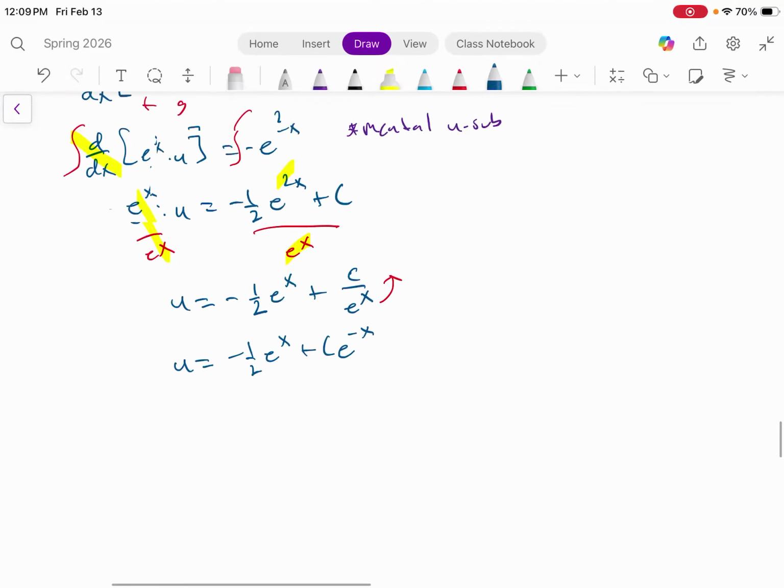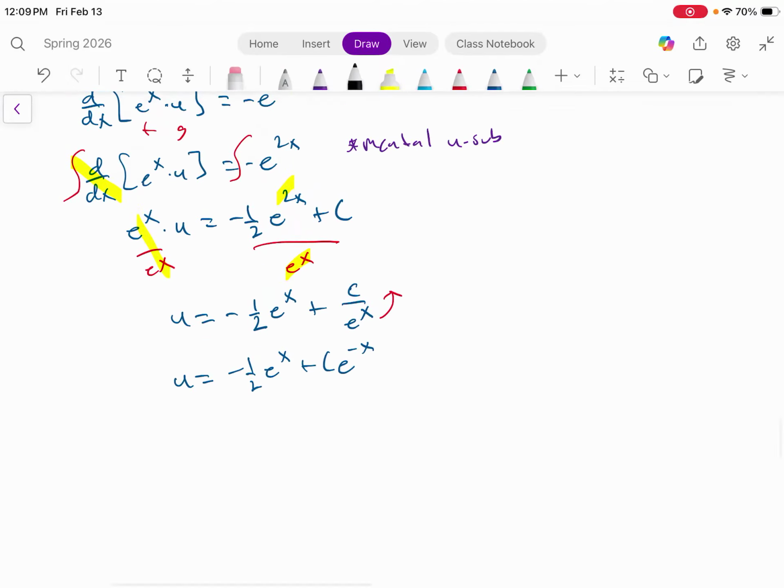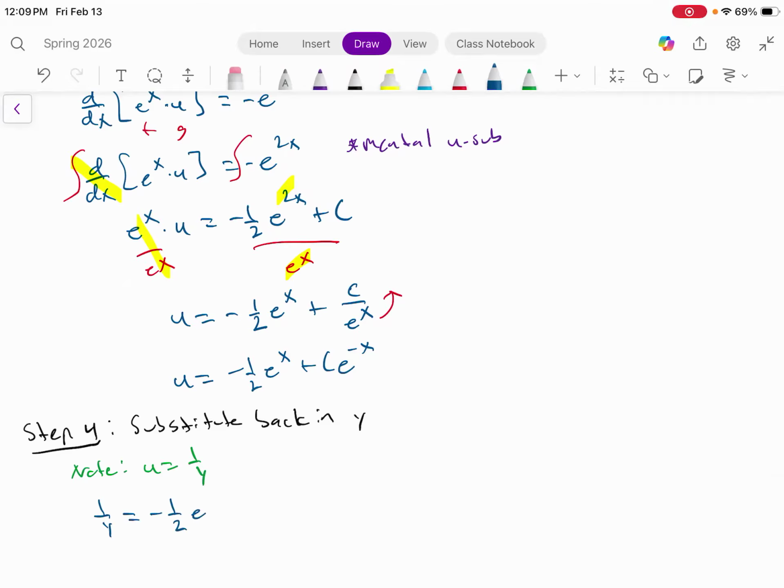And then step 4 would be to substitute back in y. So note u equals 1 over y. So if I substitute back in y, it would be 1 over y equals negative 1/2 e to the x plus c e to the negative x.